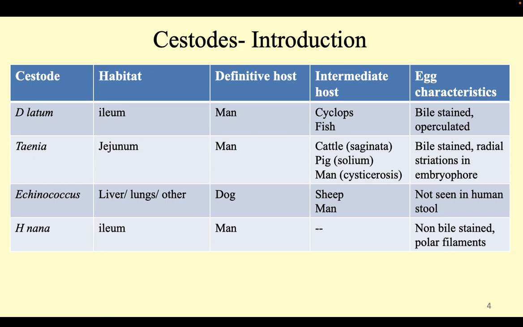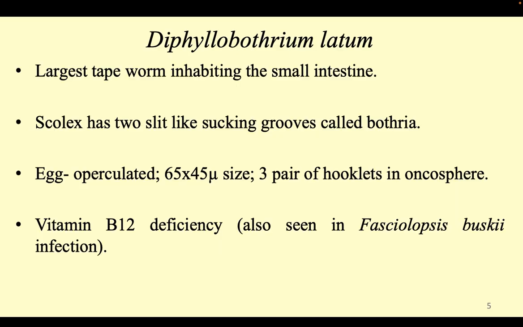So for this particular entity, man will act as an intermediate host. Now the intermediate host for the rest of the organisms will be discussed as we discuss the life cycle, and I also went on to enumerate some of the characteristics of the eggs of these four cestodes.